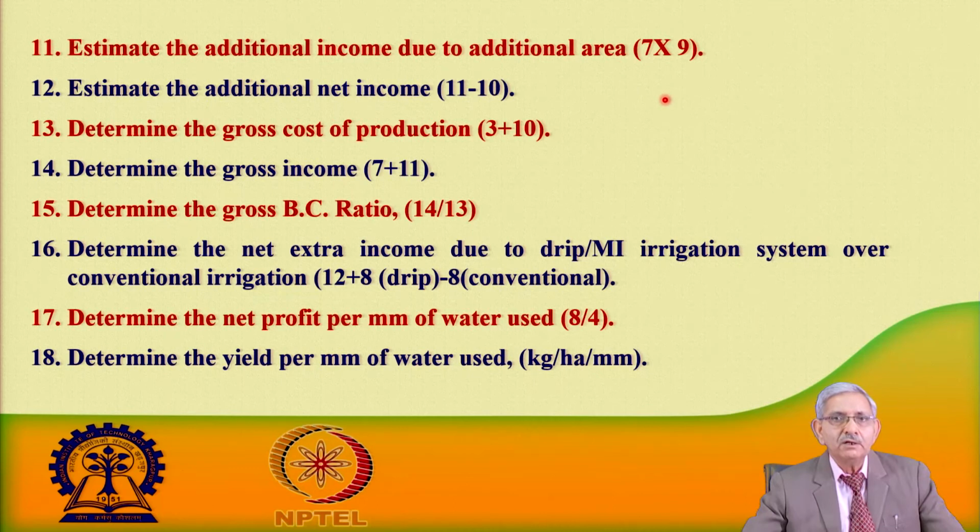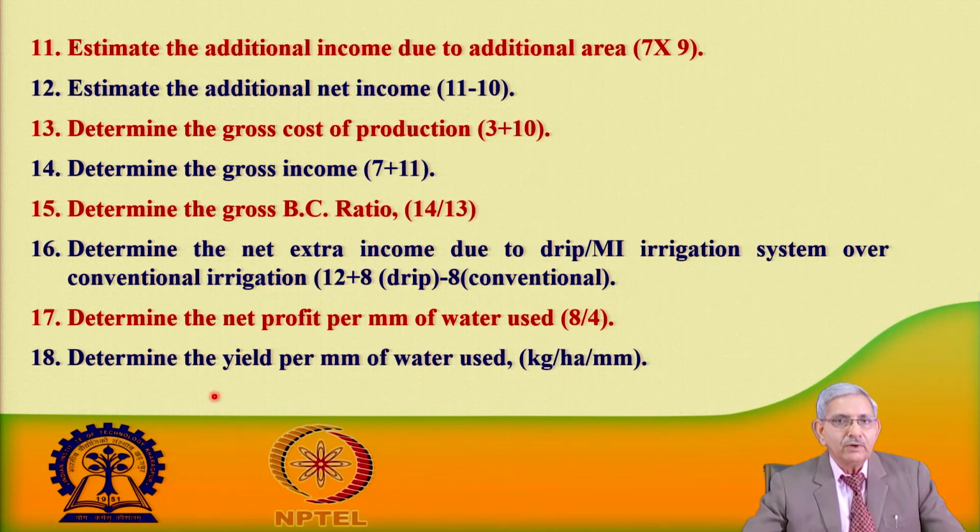So, additional income due to the additional area can be found out, and additional net income can be found out. We will find out the gross cost of production, the gross income, and work out the benefit cost ratio, for drip and for the conventional irrigation system.